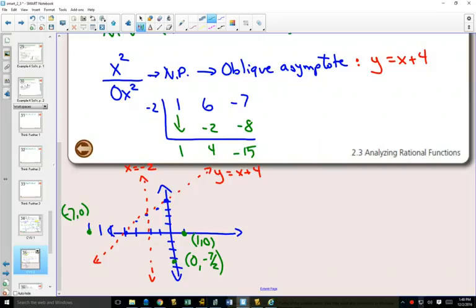The non-permissible value separates your graph into 2 halves, and we have a point left of x equals -2 and a point right of x equals -2.